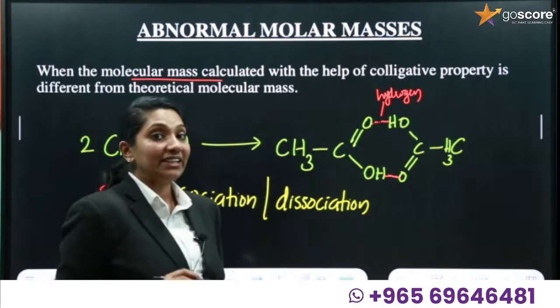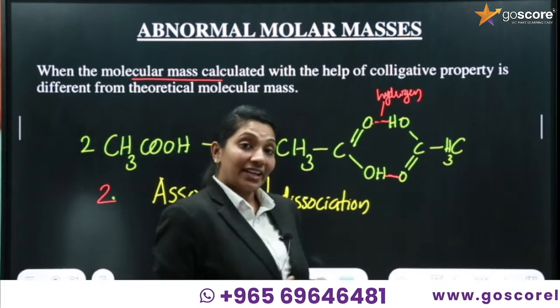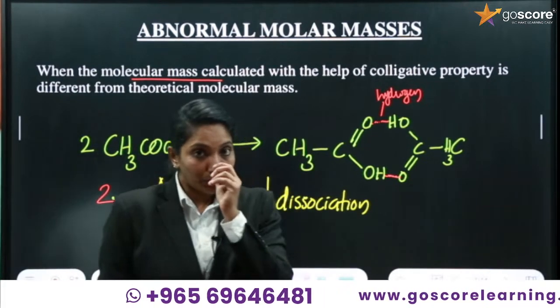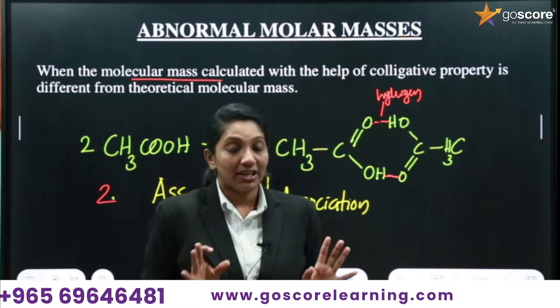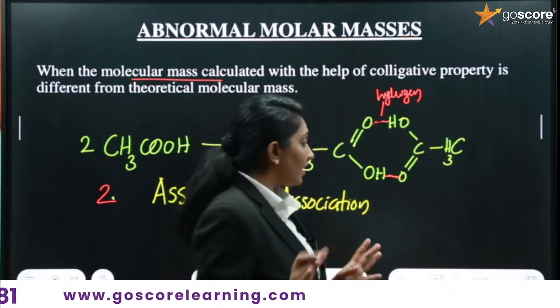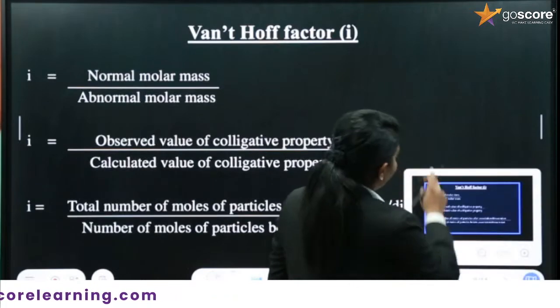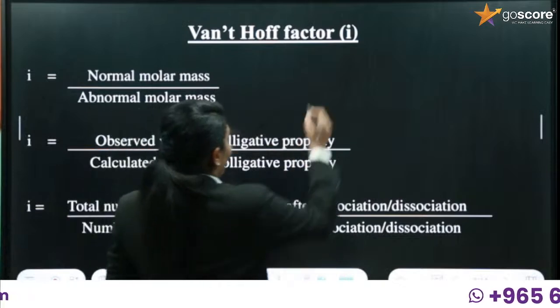Now we can discuss in detail the association and dissociation. Okay, and anyway, we came to know that association and dissociation is taking place, right? So, in order to express the extent of association and dissociation, we will use the term Van't Hoff factor. That is i.